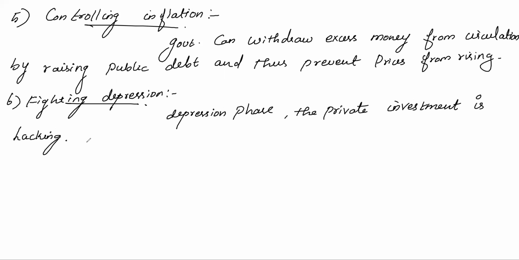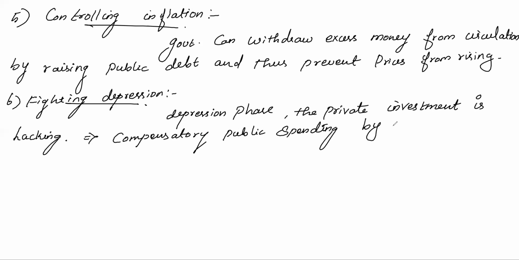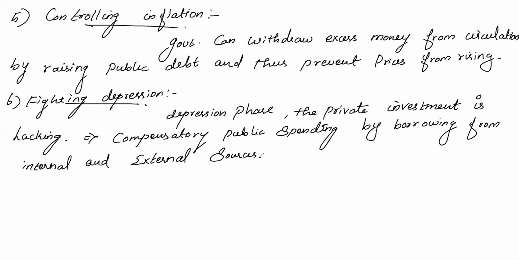The government applies compensatory public spending by borrowing from internal and external sources. ஓகேங்களா? So internal and external sources.